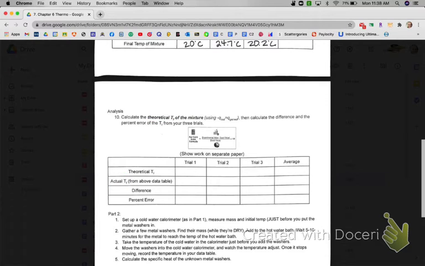So you're going to use your equation heat lost equals heat gained, and you're going to solve for temperature final in both of those sets of equations. So negative ms delta T equals positive ms delta T, where this left side here would be my hot water side, and the right side here would be my cold water side, since it's the one gaining heat.